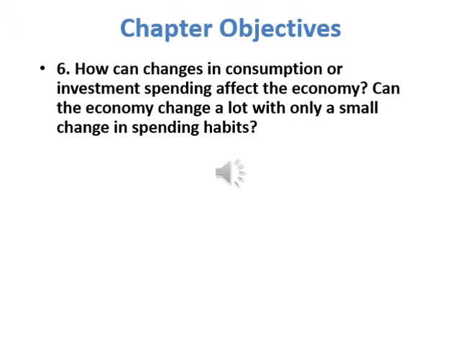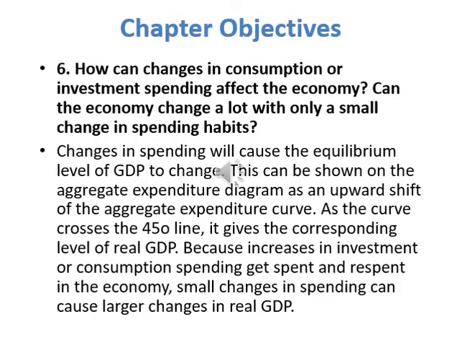This can be shown on the aggregate expenditure diagram as an upward shift of the aggregate expenditure curve. As the curve crosses the 45-degree line, it gives the corresponding level of real GDP. Because increases in investment or consumption spending get spent and respent in the economy, small changes in spending can cause larger changes in real GDP.